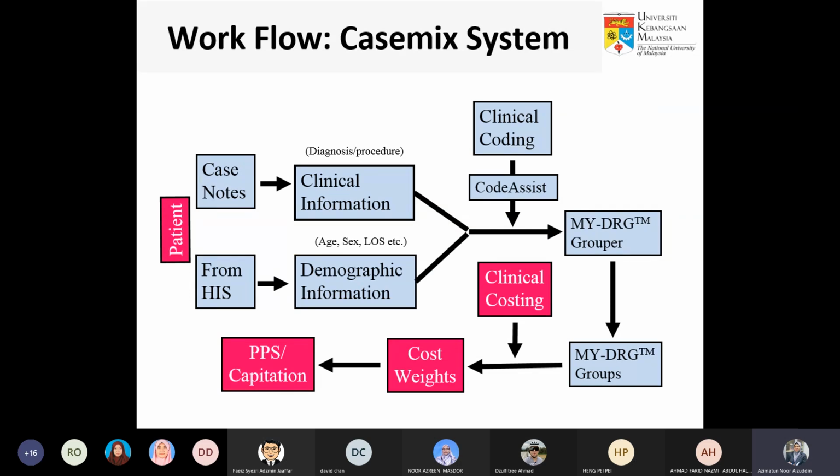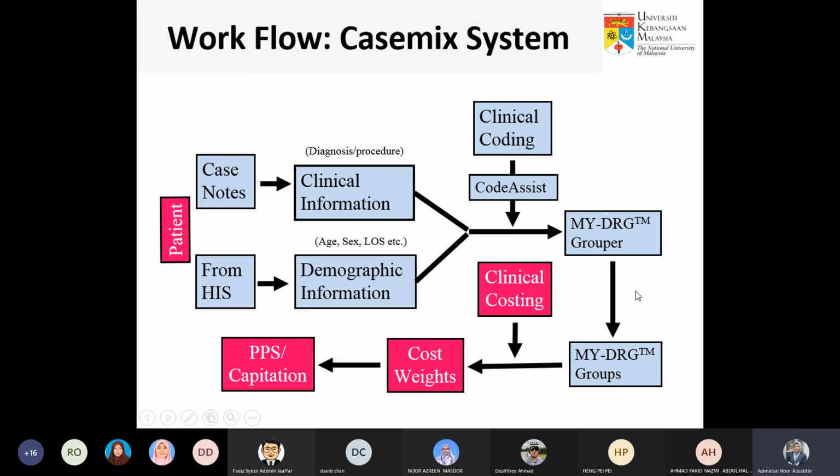So this is how the Casemix system workflow. Saya dah mention tadi, kita dapat daripada patient case notes dia, ataupun daripada sistem, data-data dia, bagaimana kita masukkan coding, dalam coding tersebut dia ada lagi satu software yang dinamakan code assist yang membantu dalam coding grouping tadi sebelum dia masukkan ke dalam grouper.